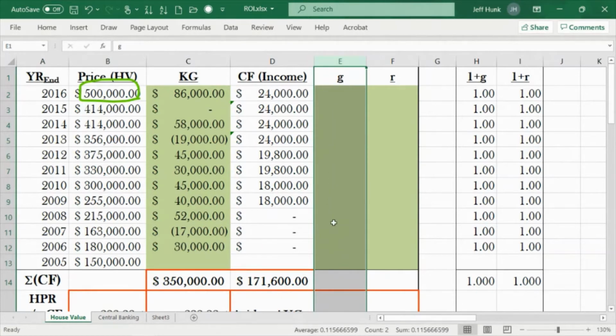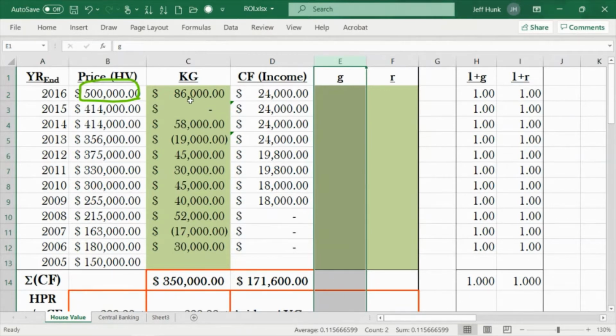So column E is the return in case of scenario one. Under scenario one, what's the return? And why in that case is it not R but G? In that case, it's basically the growth rate. The return is only the growth rate in your capital gains.